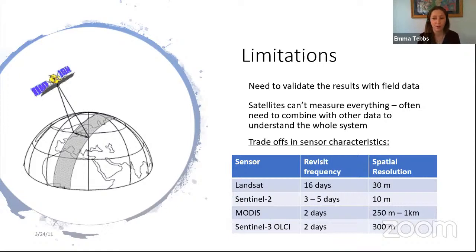So we can look between every 3 to 5 days, and we've got 10-meter resolution. And so this is a European Space Agency, a recent satellite. And then there are other satellites that have a coarser spatial resolution. So, for example, MODIS has between 250 meters and 1 kilometer, but very frequent imagery. So depending on what we're interested in, that will determine what sensor we use.